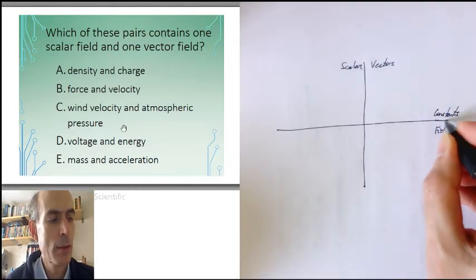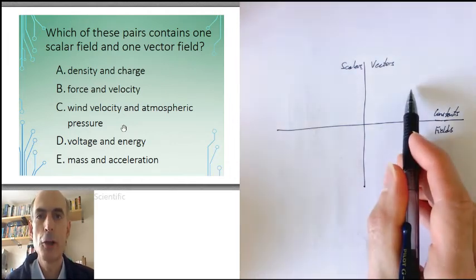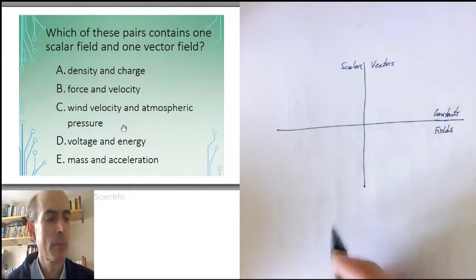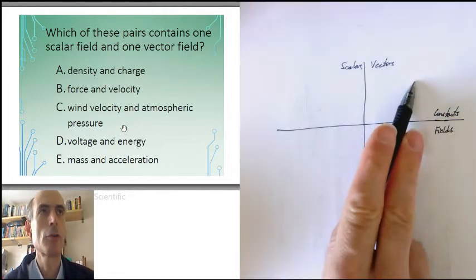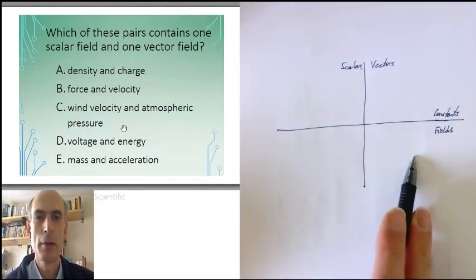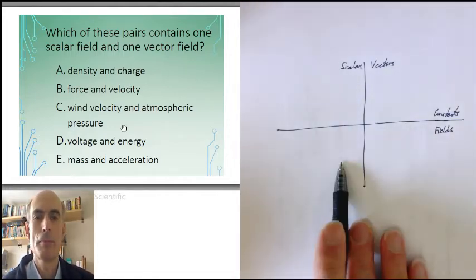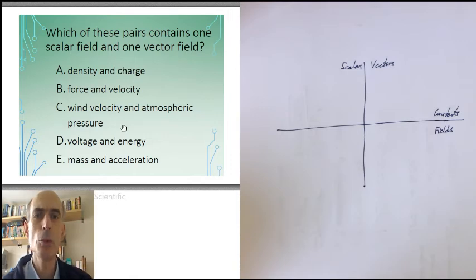Fields would mean that the value is a function of where they are. Constants, the value is just a constant. Doesn't depend on where they are. So here we have vector constants, here scalar constants, scalar fields, vector fields. Let's try and assign each of these 10 things into one of these 4 categories. We'll start with density.